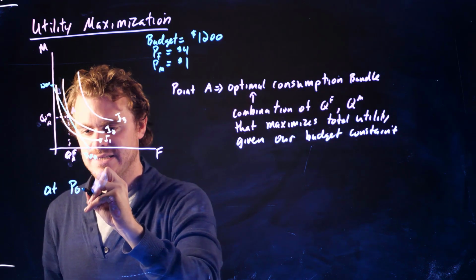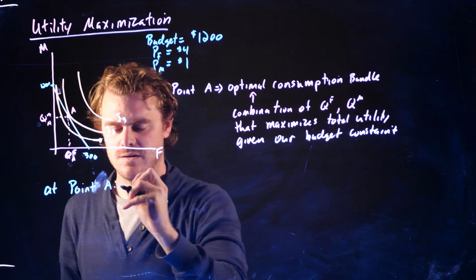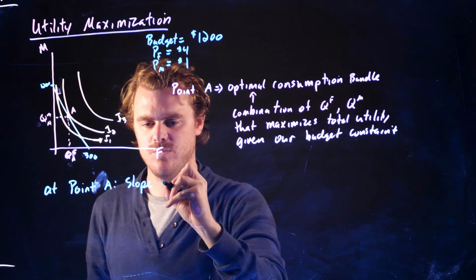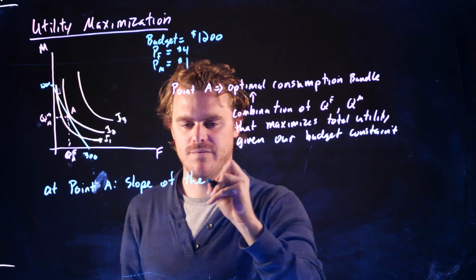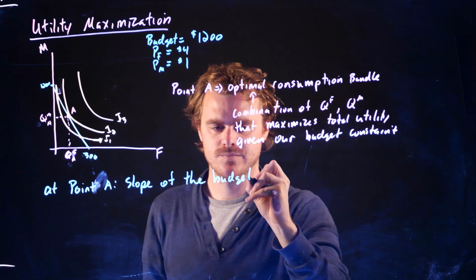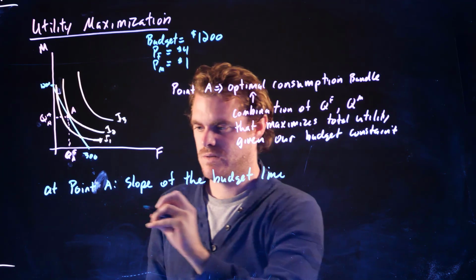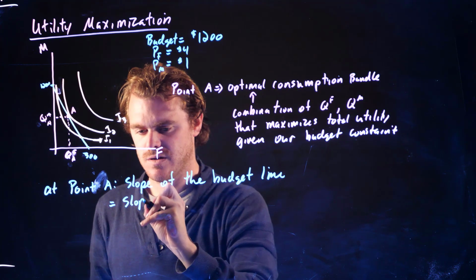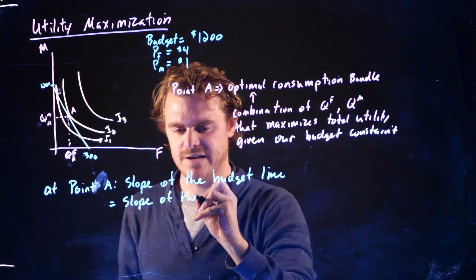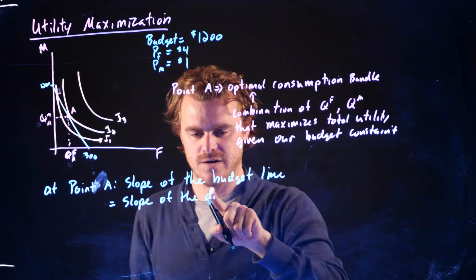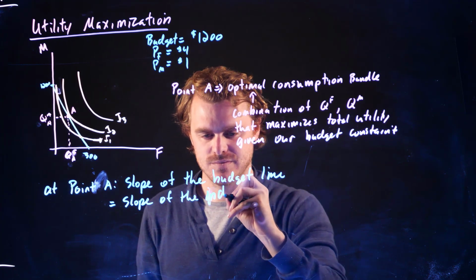So at point A, the slope of the budget line equals the slope of the indifference curve.